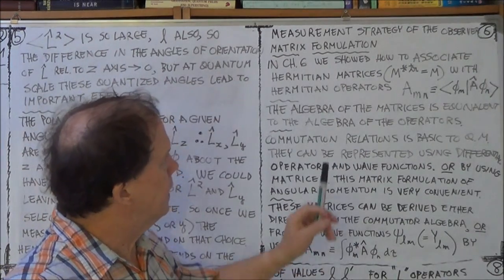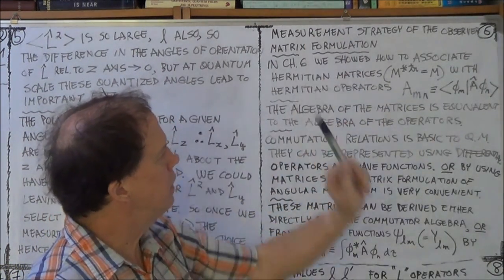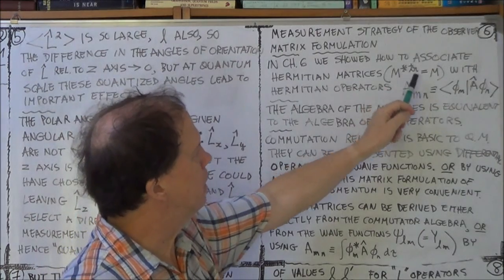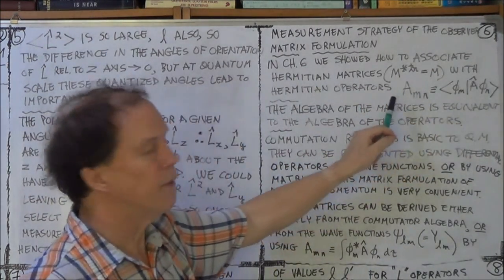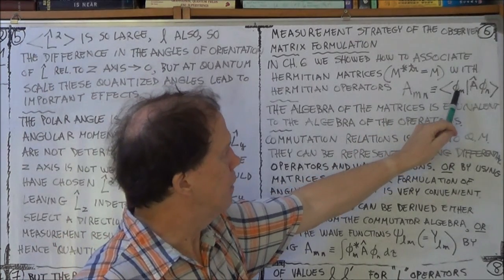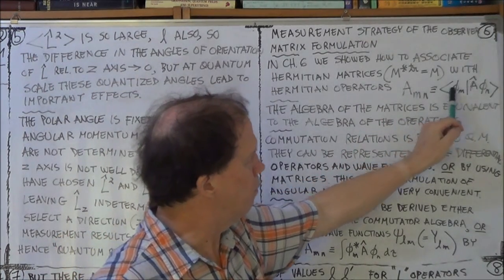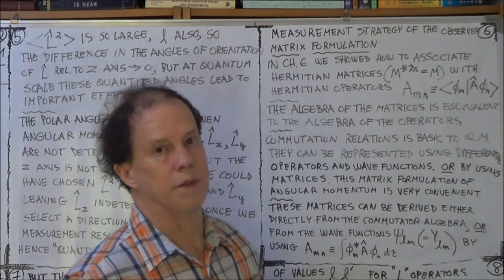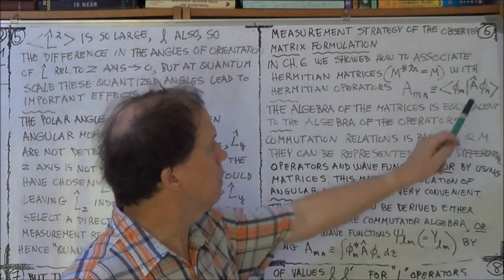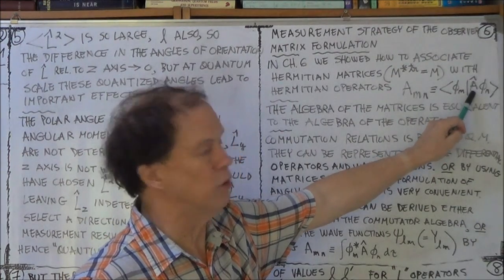And the link between a matrix, or Hermitian matrix, and a Hermitian operator is this. Okay? So these terms here, these functions, they're eigenfunctions of your Hermitian operator A hat.